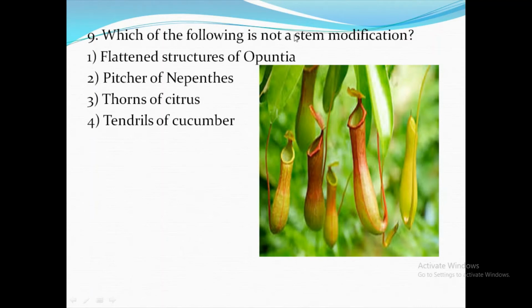It is not a stem modification. Whereas flattened structures of opuntia are stem modifications, and thorns of citrus plant, tendrils of cucumber are also stem modifications. So only the picture of Nepenthes is the modification of the leaf for capturing insects.